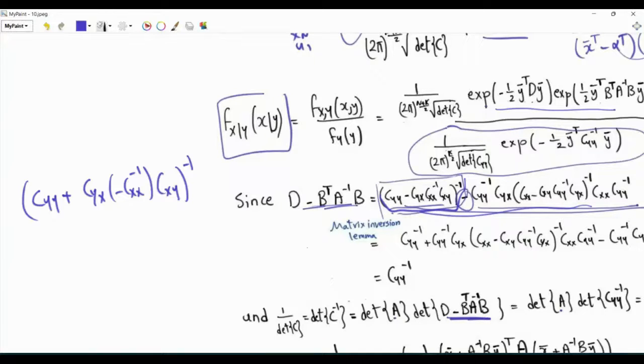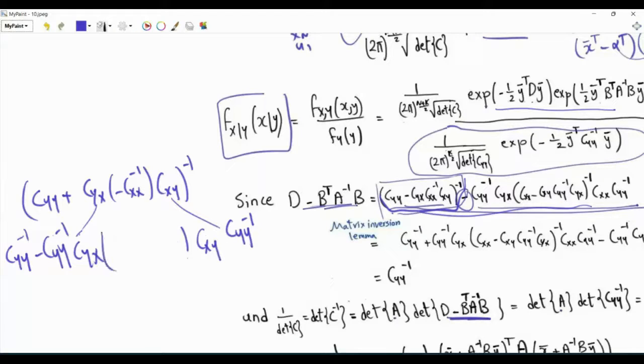So by the matrix inversion lemma, the output is CYY inverse minus CYY inverse, and then we have this guy here, this guy there, CYX, CXY. And then we have an inverse. And in this inverse, we will have CYY inverse again. And then these 2 guys will switch. This will come here, CXY, and this will come here, CYX.